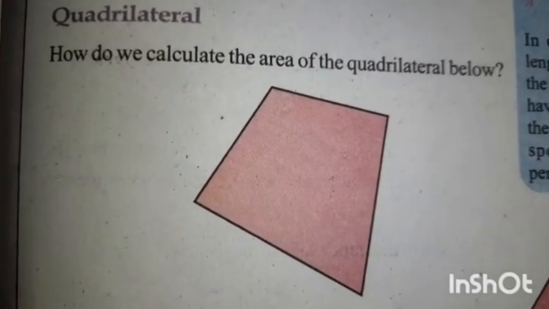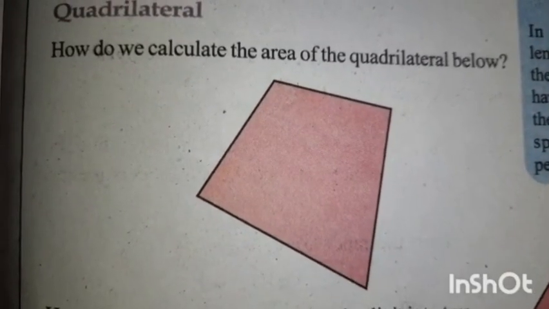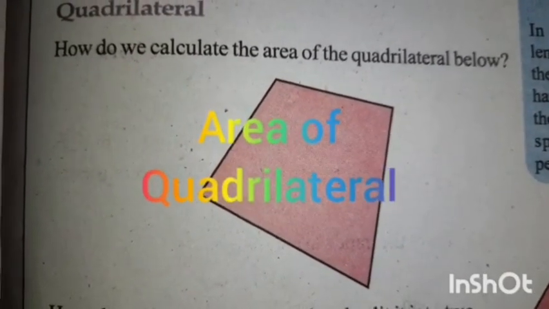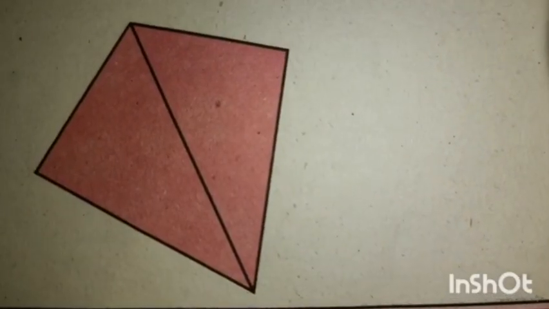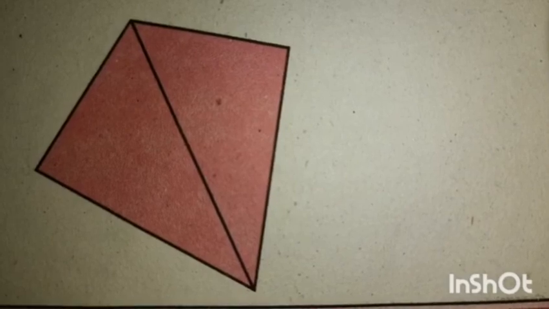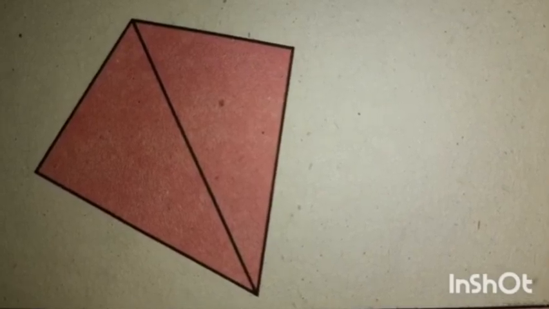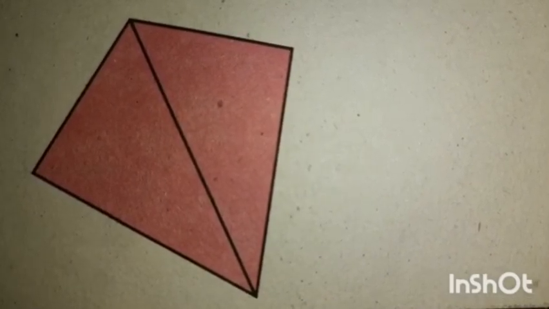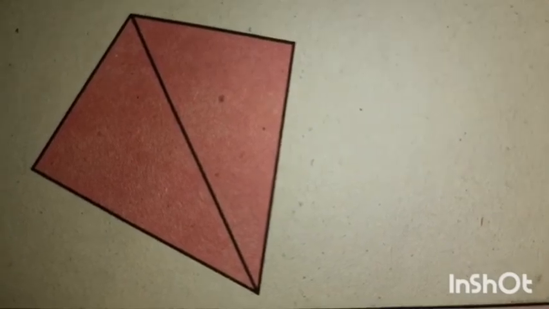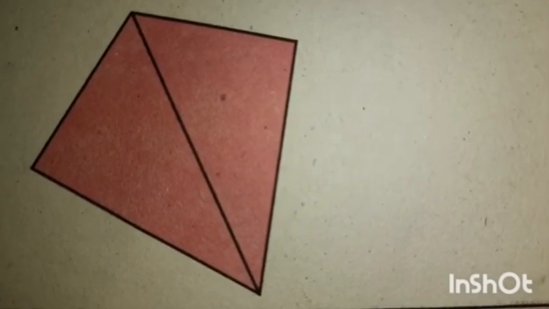Calculate the area of this quadrilateral. How will you calculate? First you have to split it. Draw a diagonal and you can split it into 2 triangles. Then you can find out the area of triangle, and by adding the areas of the triangles we will get the area of the quadrilateral.